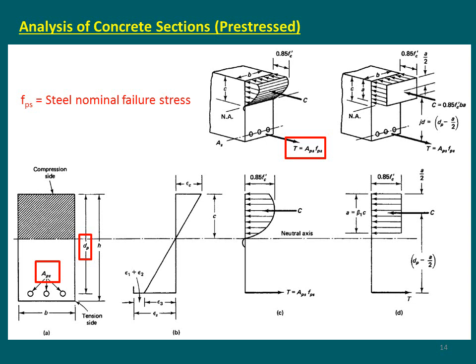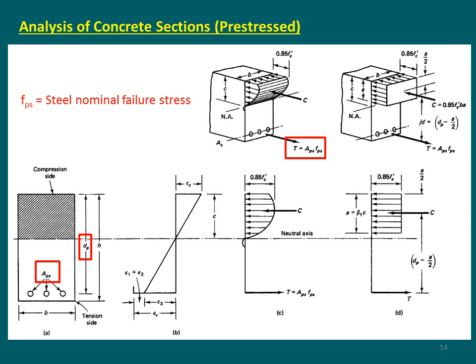The actual stress distribution is going to be shown right here in the middle on the top of this slide. The width of the beam is called b, depth of neutral axis is going to be c lowercase, compression force is going to be C, the tension is going to be Aps, which means cross-section area of the pre-stress strand or steel, multiplied by fps.